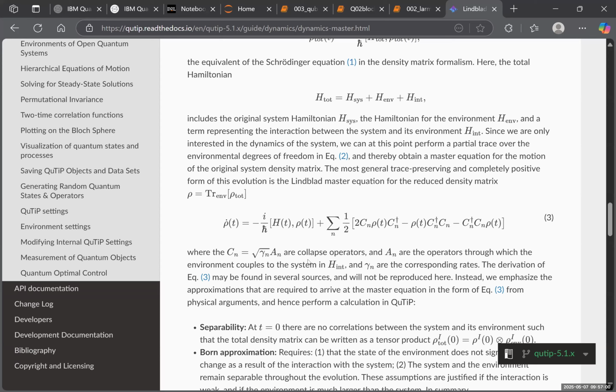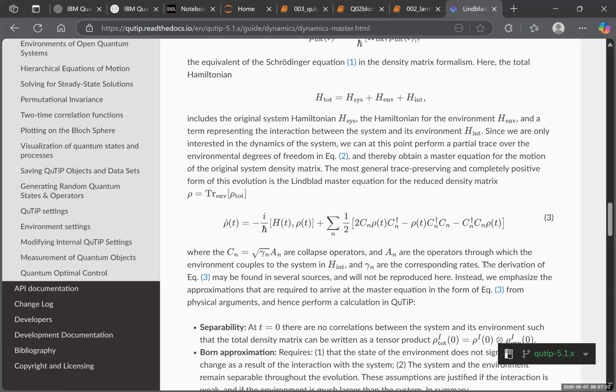Here it is called collapse operator. These are operators through which the environment acts back on the system. And there are strengths, square root of the rates.